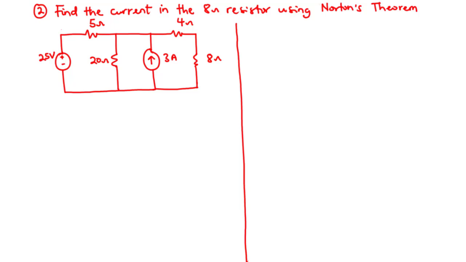Now superposition theorem allows us to consider one of the sources at a time and then deactivate the other. So we are going to get two values of In, that is In prime and In prime prime. After that, we are going to add their effects to find the total short circuit current, which is In. So let's do that together.